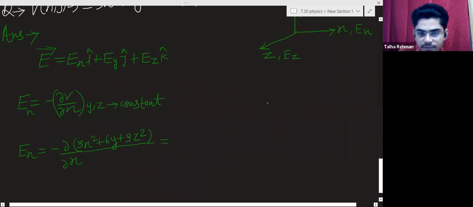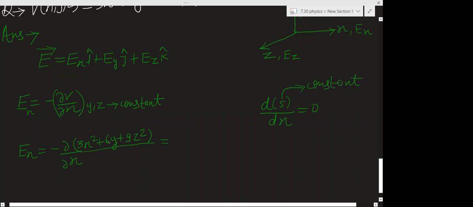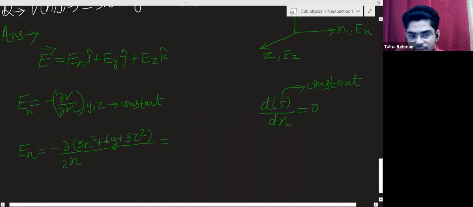Like suppose I am saying the differentiation of 5 with respect to x is zero, because 5 is constant. So like this, here y is constant. Then if we differentiate this y with respect to x, it will become zero.